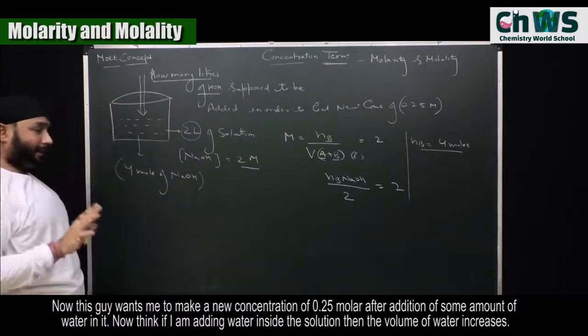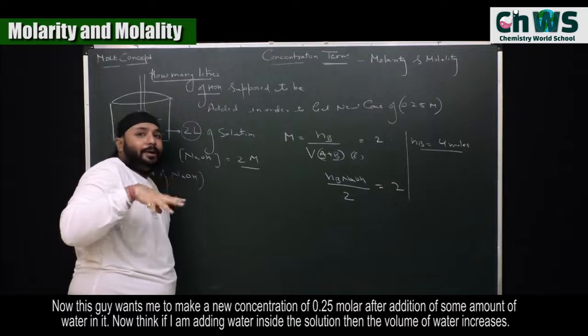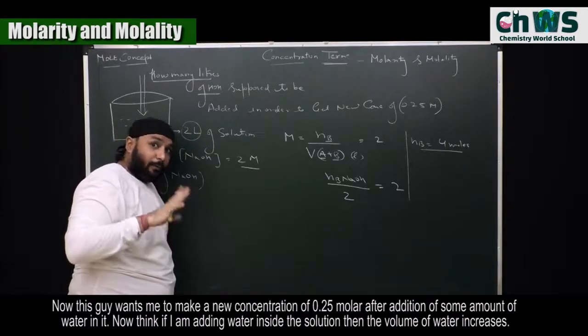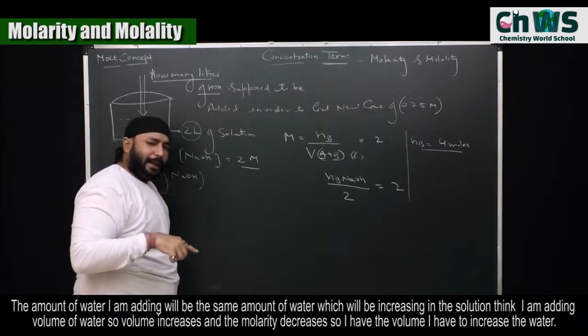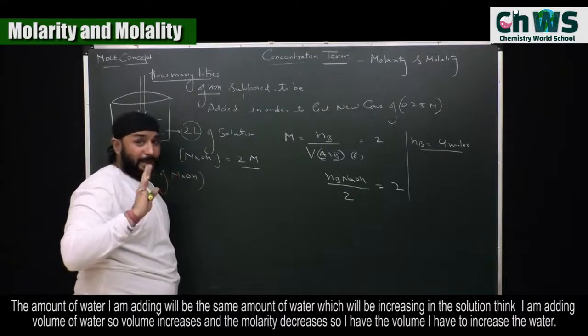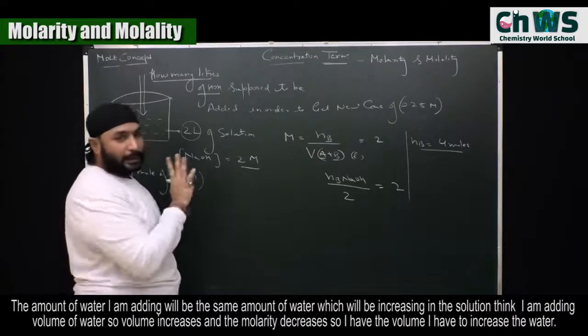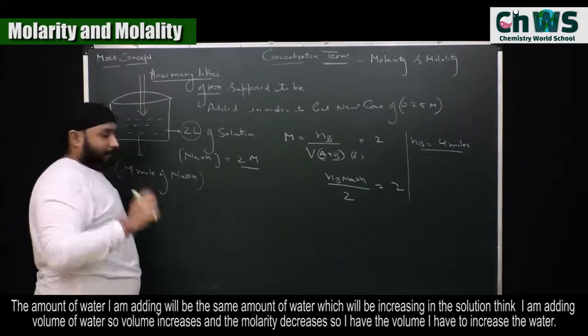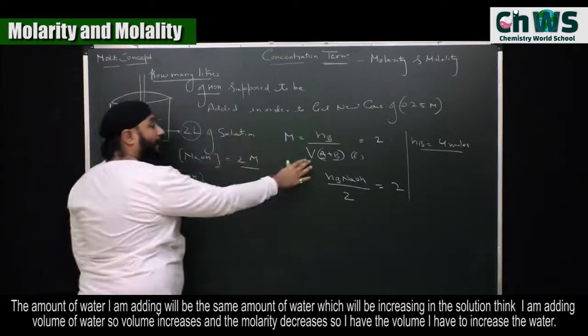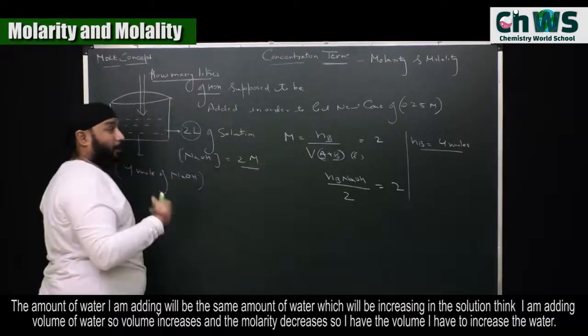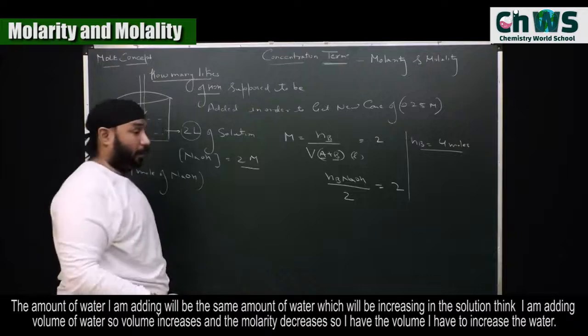Think, if I am adding water inside the solution, the volume of solution increases. The amount of water which I am adding, there will be the same amount of volume increase in this solution. So the volume increases, molarity decreases. So I have to increase the volume, I have to increase the water.